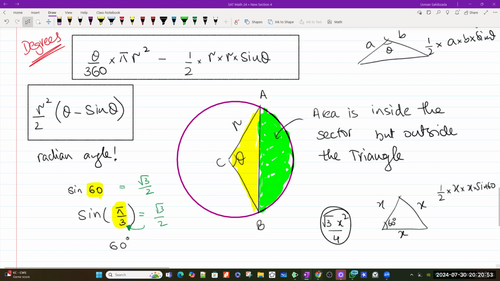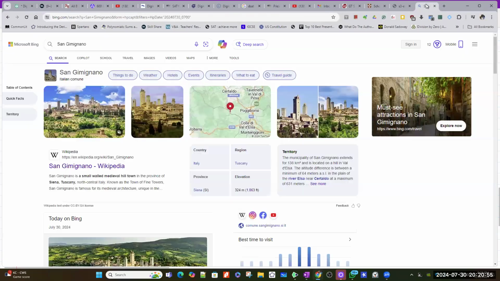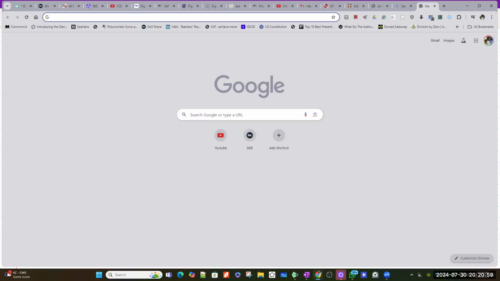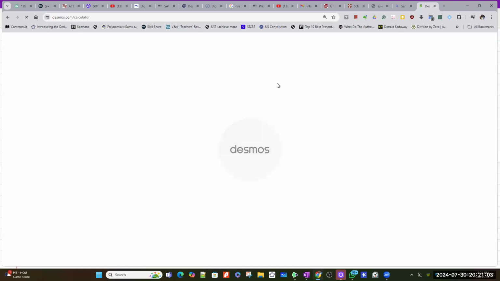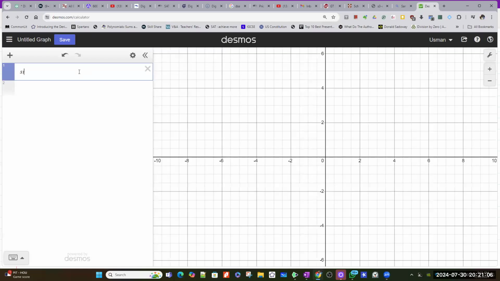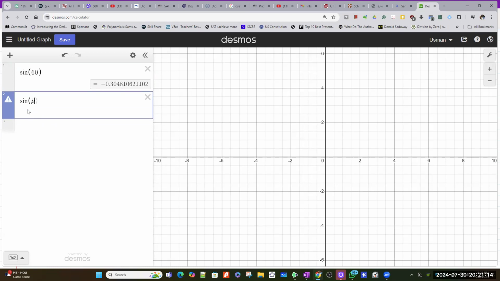So if you think we will have a calculator in Desmos, so in Desmos you're doing sine 60. It is programmed. So Desmos is programmed.